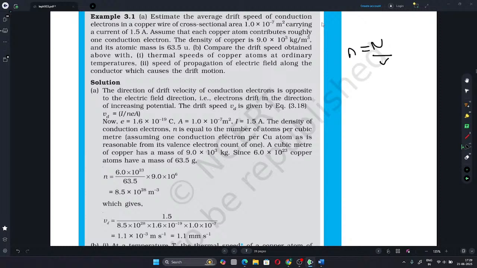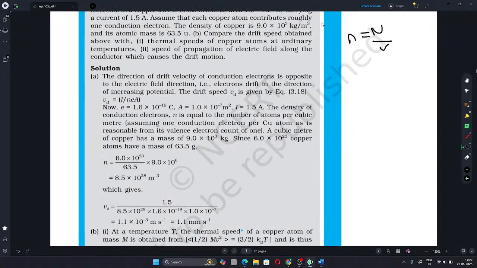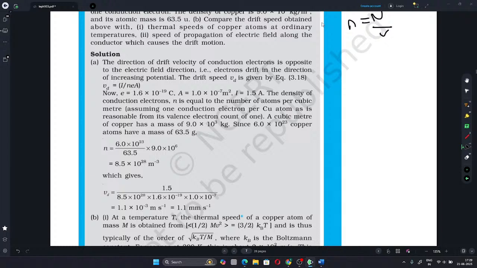Since 6 into 10 power 23 copper atoms have a mass of 63.5 grams, n equals 6 into 10 power 23 by 63.5 times 9.